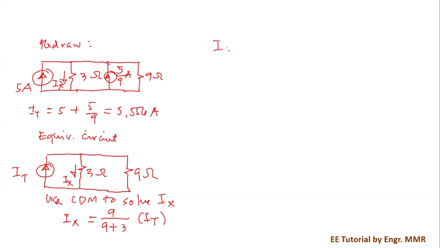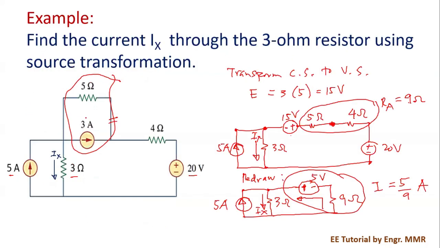So if we substitute the values, we have 9 over 9 plus 3 times 5.556, and the value of Ix will be equal to 4.1667 amperes.